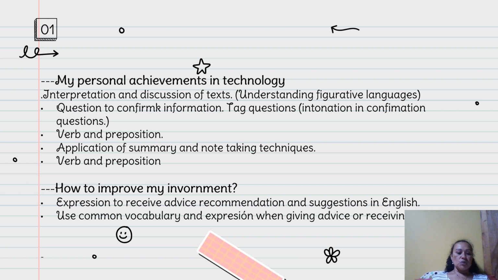Talking a little bit about the interpretation and discussion of texts and understanding figurative language, really I like this topic because I may use simile, metaphor, personification, onomatopoeia, oxymoron, or hyperbole for talking about discussion. That's really an excellent topic.